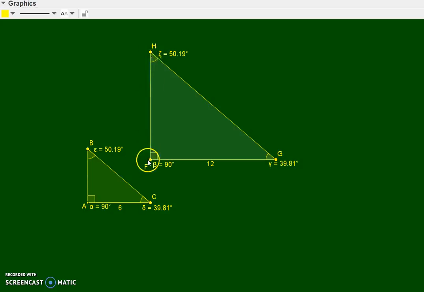So let's bring back HF and AB, and we can see that relationship is maintained. And finally, HG and BC. It's a little odd, but 7.81 times 2 would be 15.62. So we can see that all the corresponding side lengths are in the same ratio.